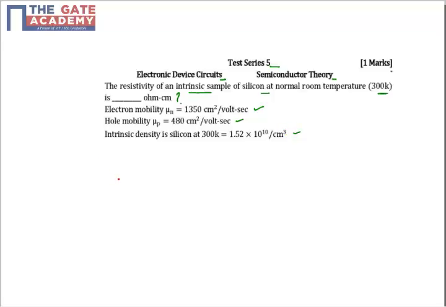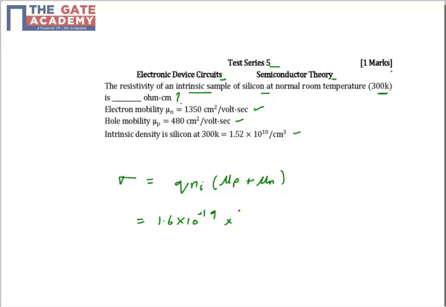So friends, we know the formula. We know that conductivity of a semiconductor is defined as q times ni into (mu p plus mu n). Right? So I can simply calculate the conductivity because the charge of the electron, I know that it is standard 1.6 into 10 to the power minus 19.